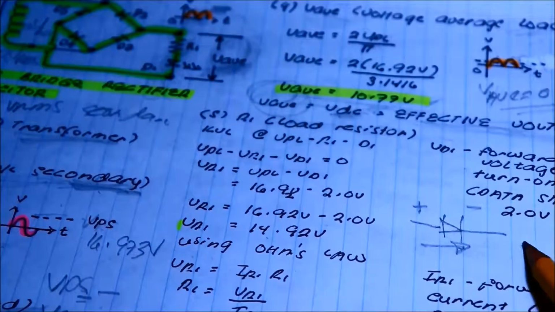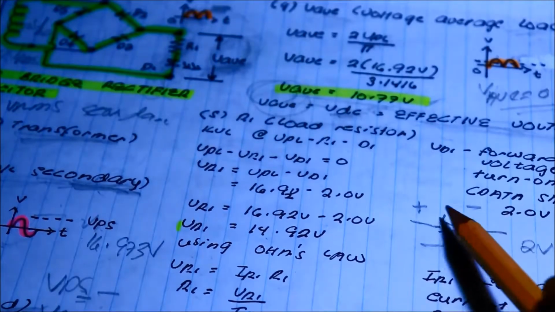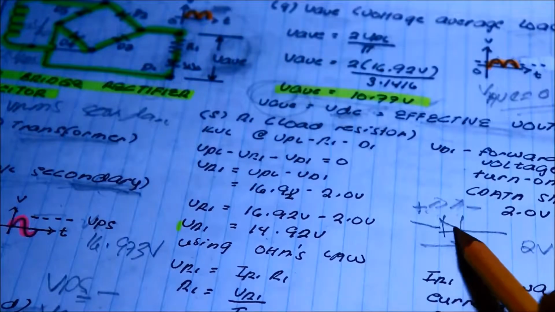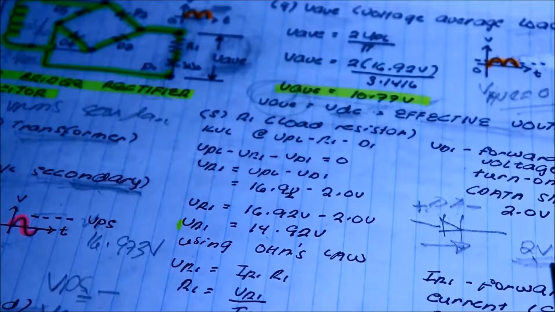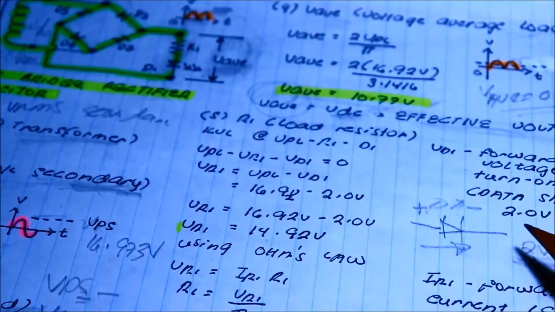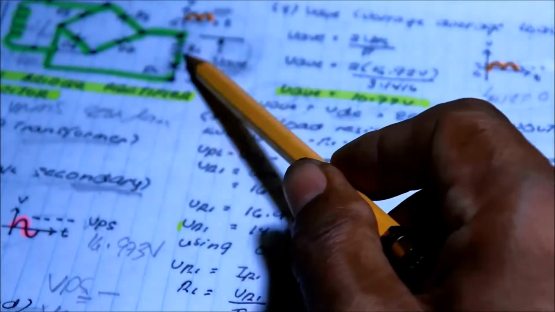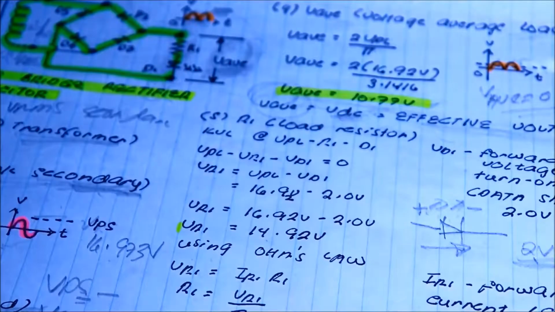To turn on this type of light emitting diode, we need at least 2 volts to light the LED. We are now designing a load composed of an LED and a series resistor. That is our problem.